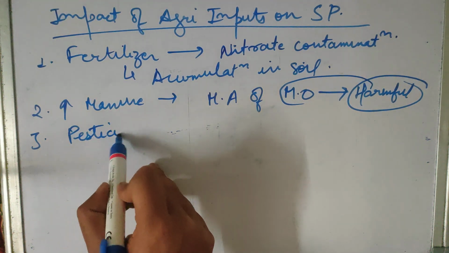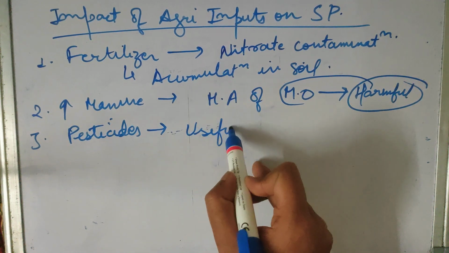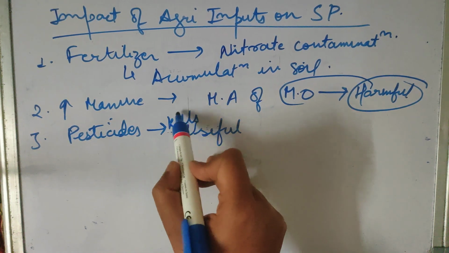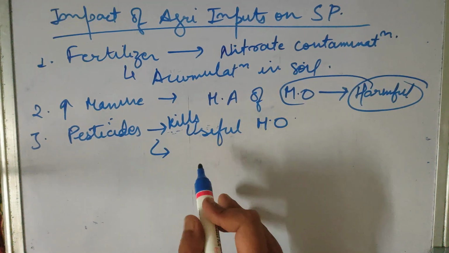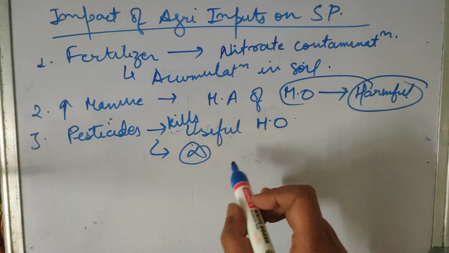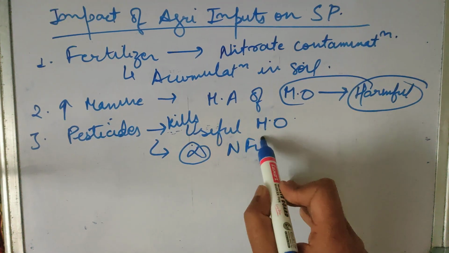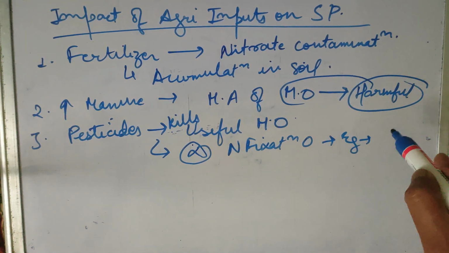Pesticides kill useful microorganisms. They inactivate or kill nitrogen fixation organisms, for example, rhizobia.